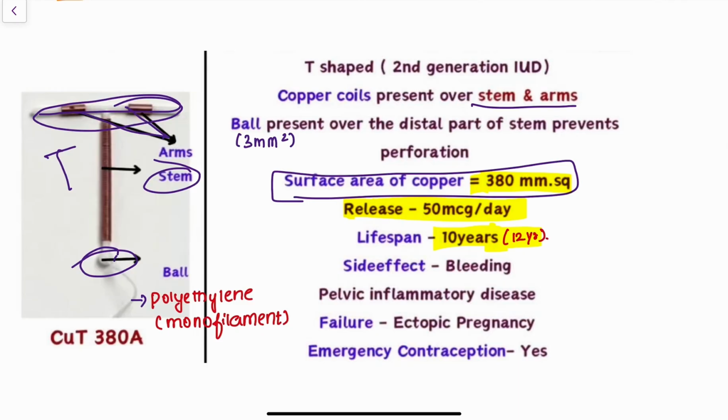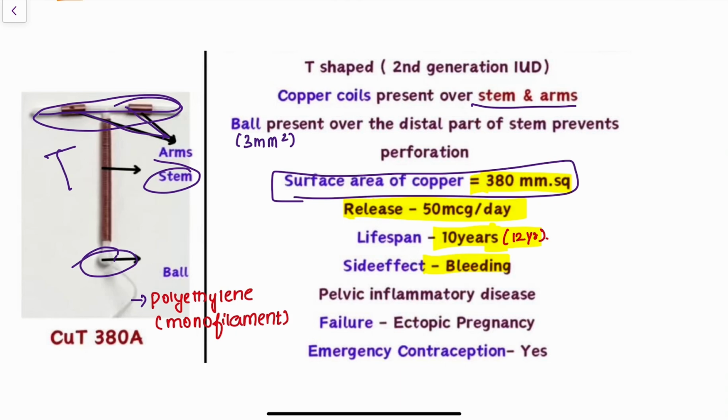Once this copper T is inserted, it is doing its work properly. But what are the complications or side effects which can be anticipated from this copper T? The most common complication with insertion of this copper T is bleeding per vaginum, right? Apart from that, immediately after the insertion of the copper T inside the uterine cavity, we can expect some ascending infection if sterile precautions are not held.